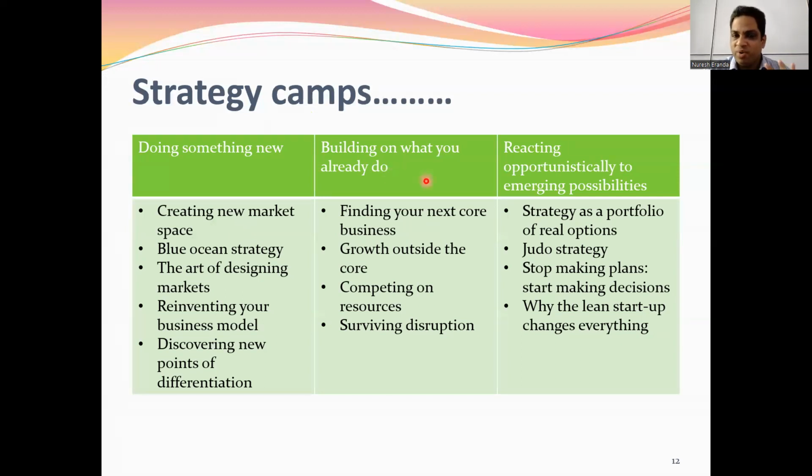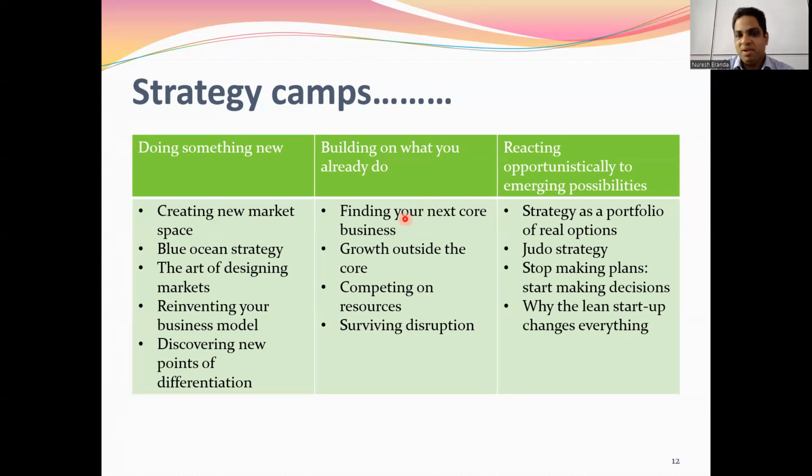Another set of people said no, it's not the case. You have to build on what you already do. You have been doing something, and then you have to excel in what you are doing over the years with your experience, by developing your competencies. That can be considered another camp of strategy.